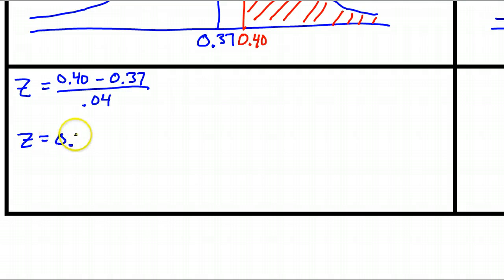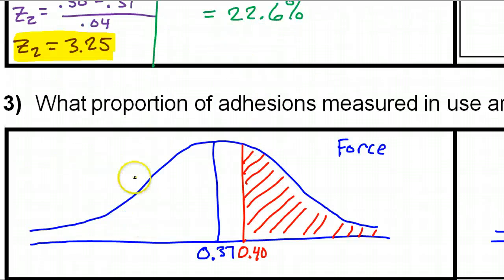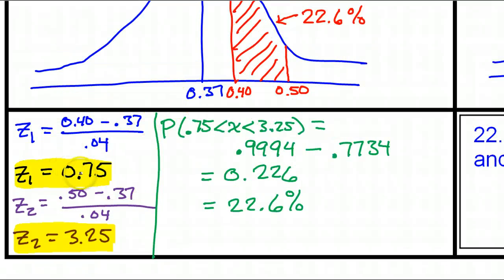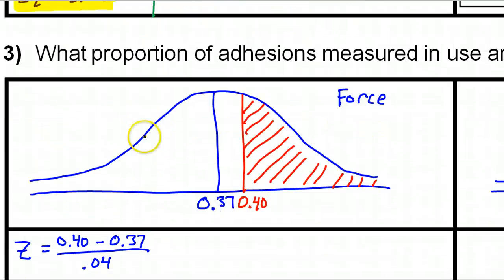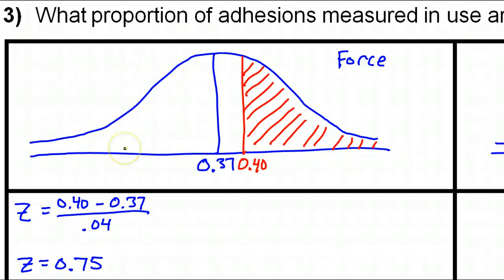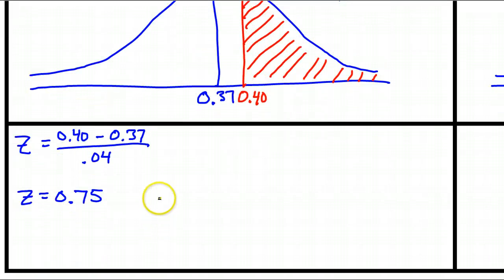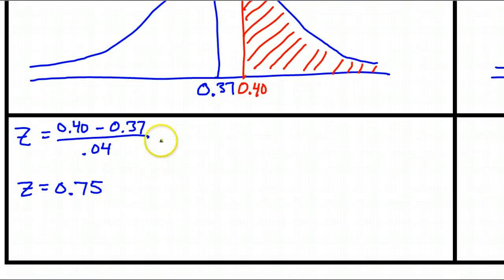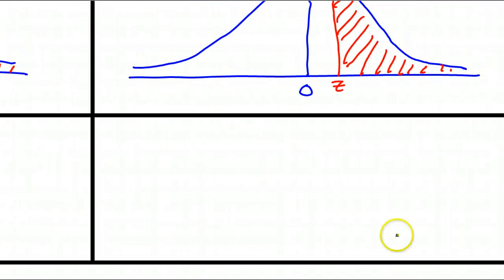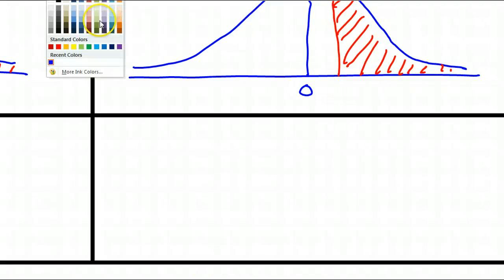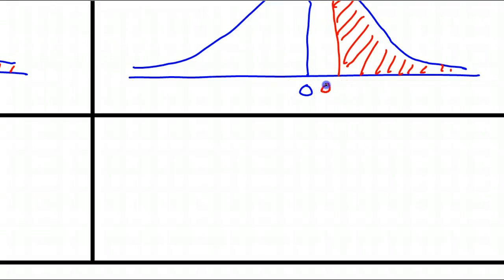That is 0.75. And yes, I know that we calculated this same value before, but just in case anybody skipped directly to this problem, I just wanted to show it. So we have our z value of 0.75. So let's include that on our z-score picture now that we don't have to guess what it is anymore.